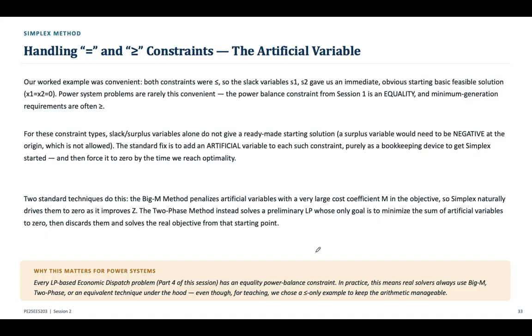The first is called the Big M method, where artificial variables are assigned a very large penalty in the objective, so the simplex process is encouraged to drive them to zero. The second is the two-phase method. In phase one, we solve an auxiliary problem whose purpose is to eliminate the artificial variables. Once a feasible solution to the original constraints has been obtained, phase two solves the actual engineering objective.